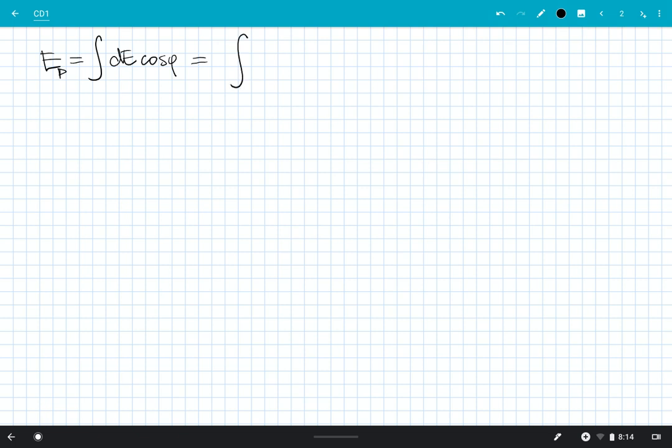It's going to be 2/3 L over R, right? So 2L over 3R times DE. Now remember for DE, remember what that was. So 2L over 3R. And now let's sub in for DE. DE is going to be then K dq over R squared. So K, in place of dq, we have lambda dx over R squared.